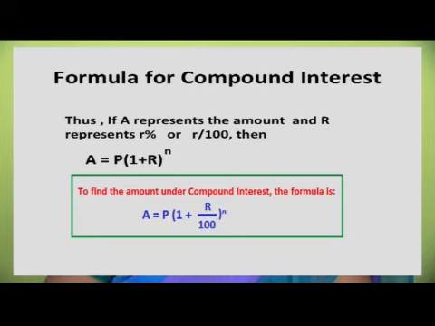So, we have the formula for compound interest as: if P be the sum borrowed for n years at the rate of r percentage per annum, then A is equal to P multiplied by 1 plus r by 100 the whole power n. The amount A after n years may be written as A is equal to P multiplied by 1 plus r by 100 the whole power n.